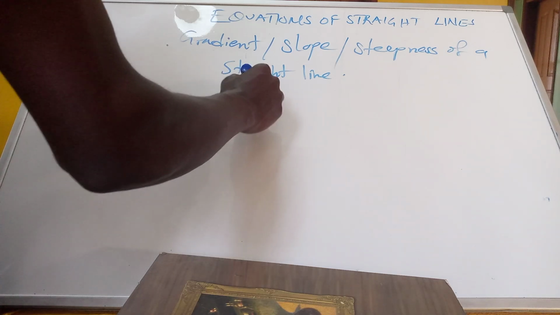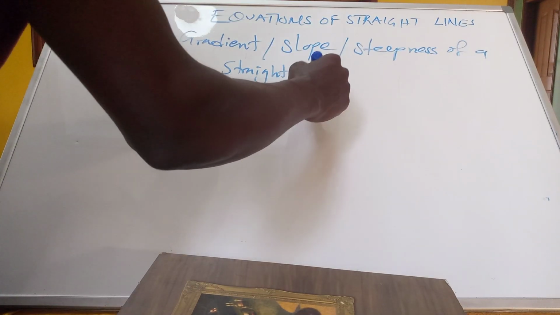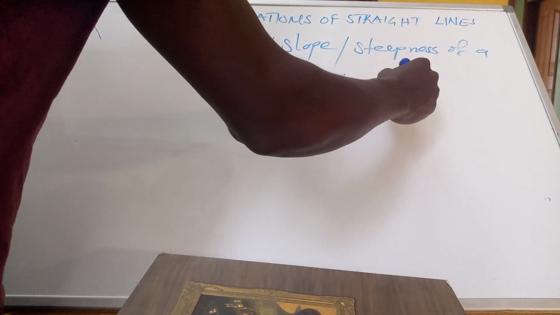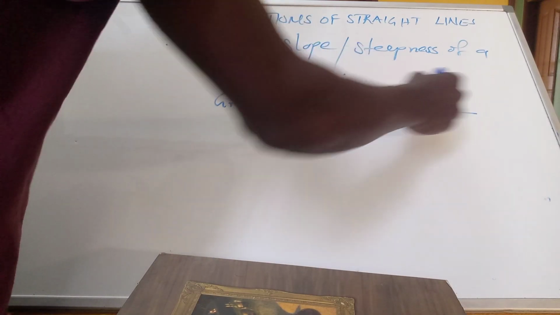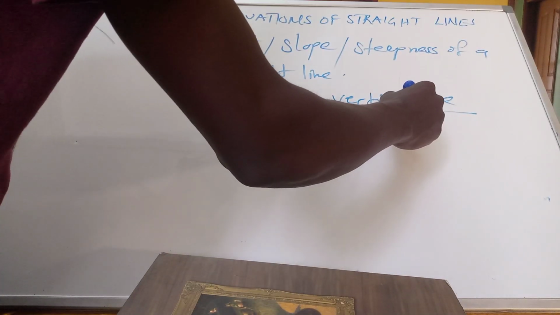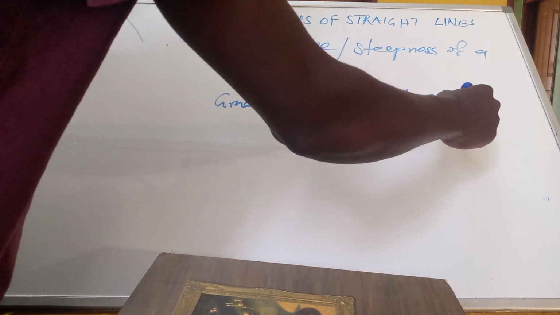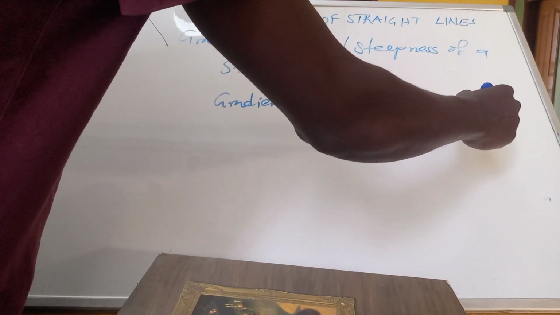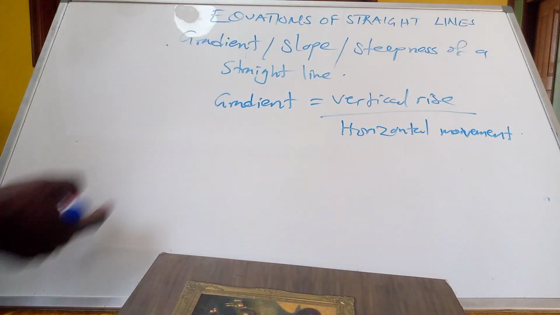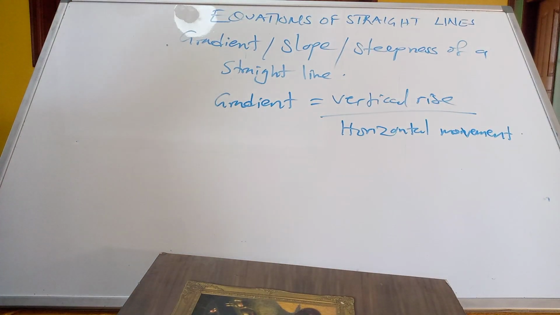We've said that a gradient is a ratio of a vertical rise to the horizontal movement. We can take this to be the definition of the gradient.